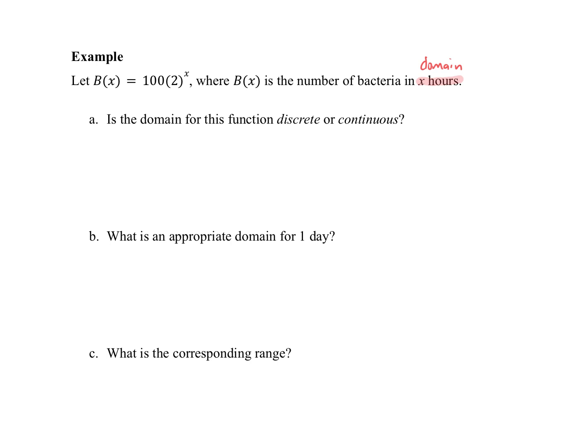Because, of course, the first thing that they're going to ask you is if this is discrete or continuous. So we're looking at domain, which means hours. Hours is most likely continuous. Why? Because the number of bacteria in x hours, well, the bacteria don't just change on the hour. They change all throughout the hour. So that means that this is continuous.